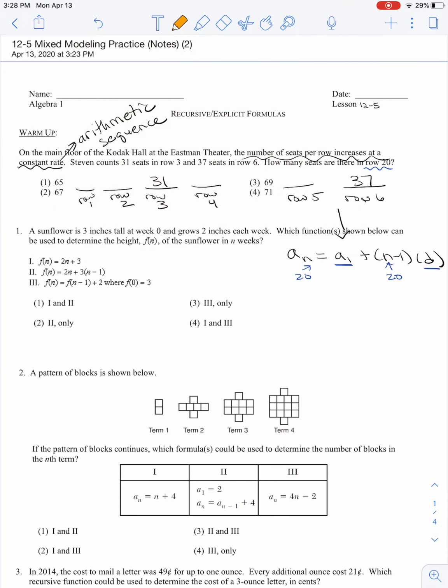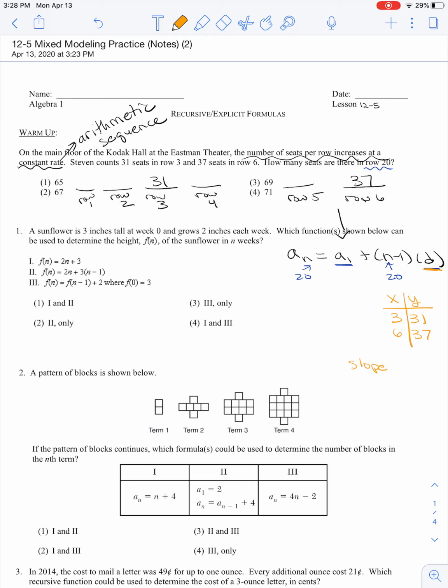Okay. So let's start by figuring out what the common difference is. To figure out the common difference in an arithmetic sequence, you want to find the slope. So I'm going to make a little chart. I know that in row 3, there were 31 seats, and in row 6, there were 37 seats.